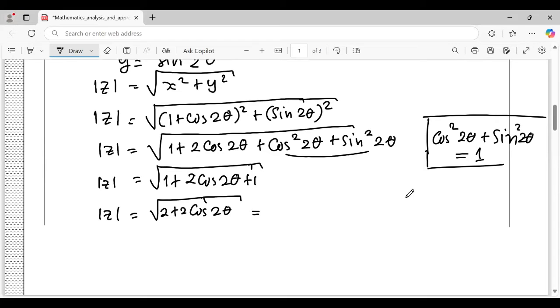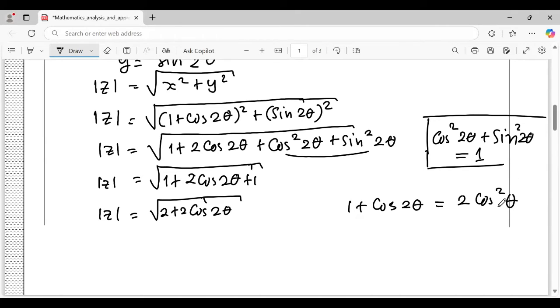According to trigonometrical identity, 1 plus cosine 2 theta equals 2 cosine squared theta.